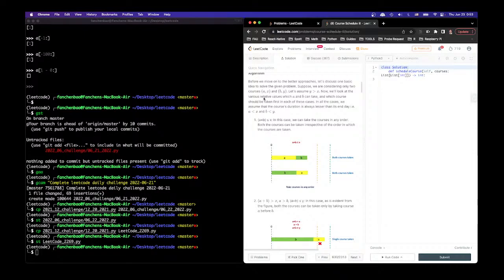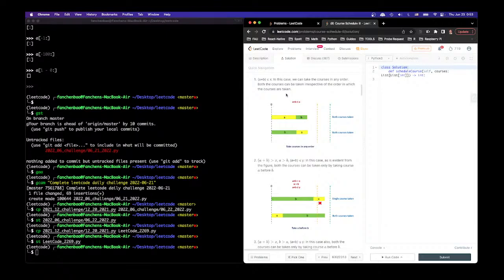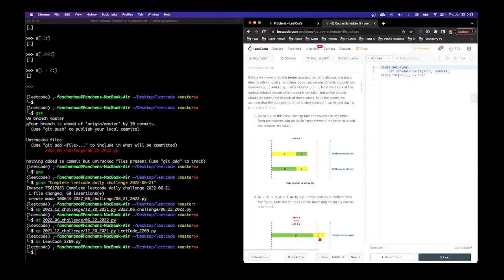One is we cannot take both. A is larger than B, and both can be taken by Y. Now in that case, if we take B first, A plus B is larger than X. So if we take B first, then we cannot take A anymore.